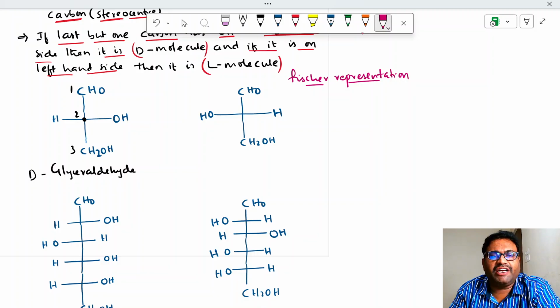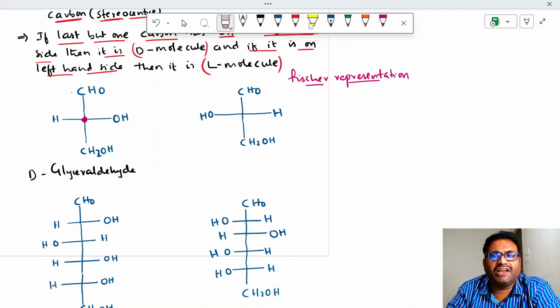Wherever this vertical line and horizontal line meet, there will be a carbon atom. Here you have one carbon atom. So this carbon atom is attached to 4 different groups. One group is OH, one group is H, one group is CHO, and another group is CH2OH. Are you finding this?